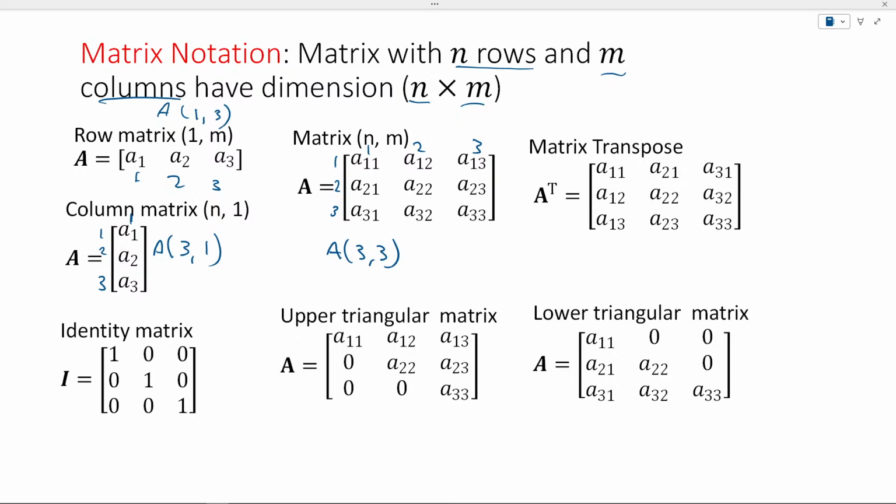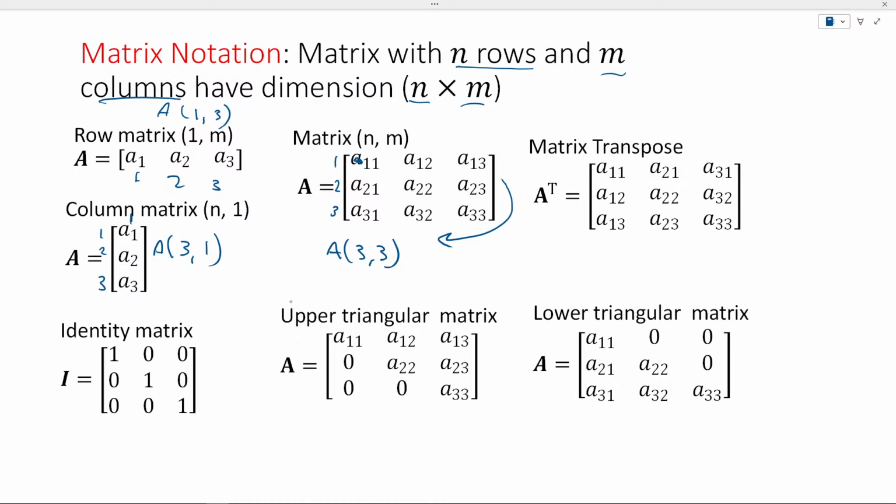I can do a matrix transpose. So what is a matrix transpose? Basically, when you do a matrix transpose, you just rotate this in this direction. So this would remain the same. This is your pivot point, and then you rotate it around this.